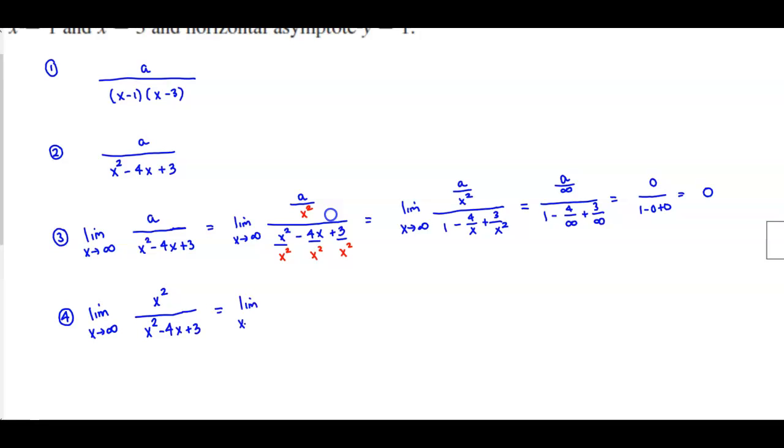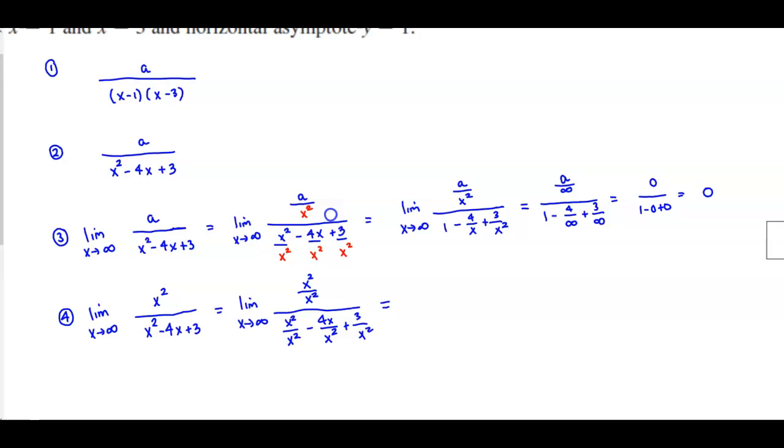As the limit as x approaches infinity, we have x squared divided by x squared in the numerator, and then we have x squared divided by x squared minus 4x divided by x squared plus 3 divided by x squared.